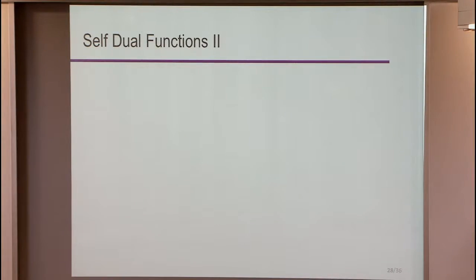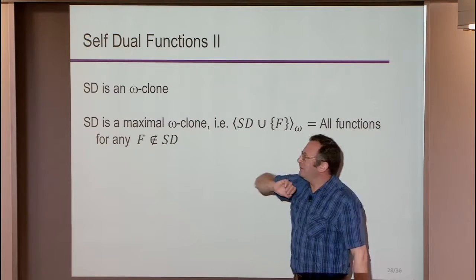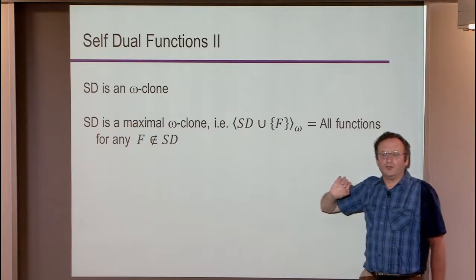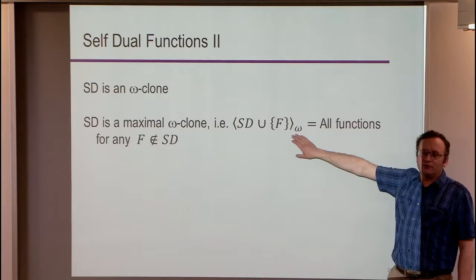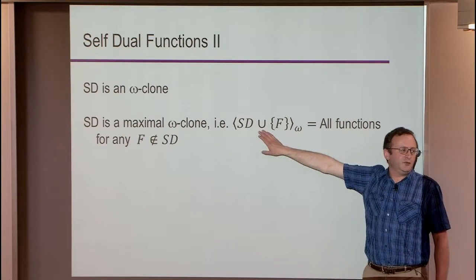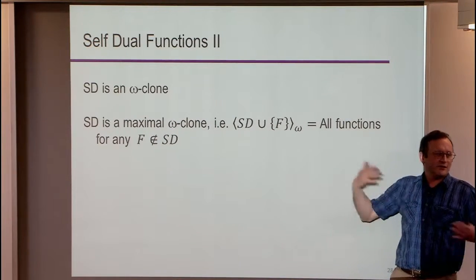There is a kind of interesting use of those self-dual functions. First of all, it's an omega clone. In some sense, it's very big. It's maximal. If you add any function to SD which is not SD itself, then you get all functions. You can express any function at all.